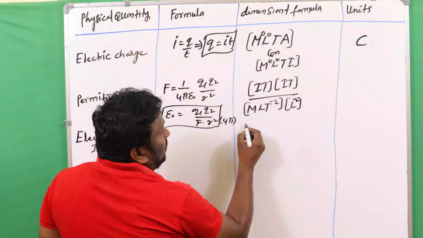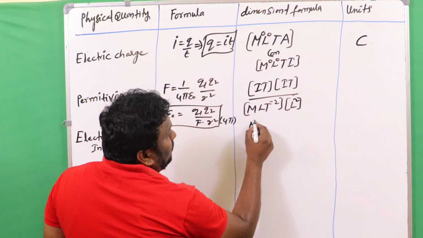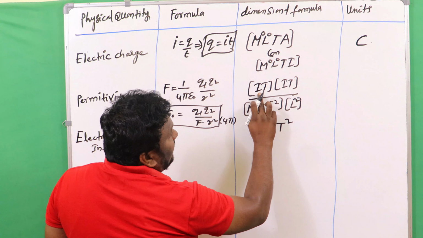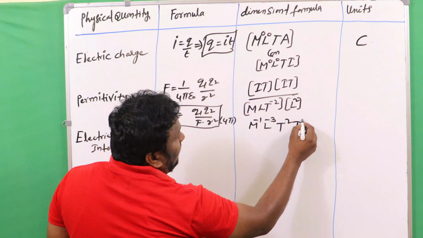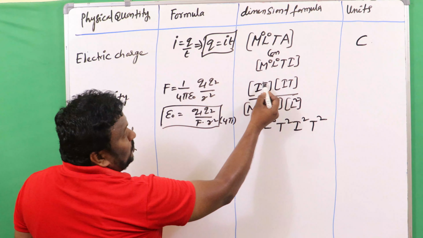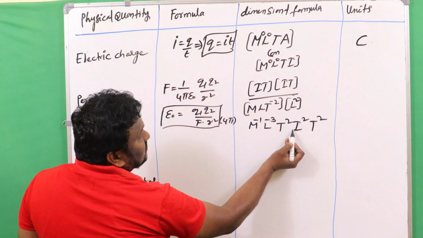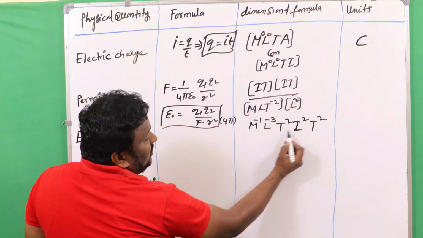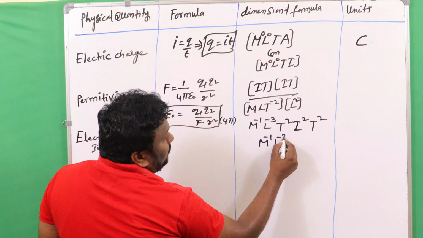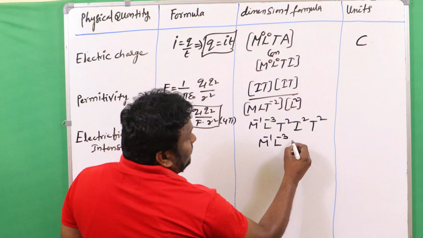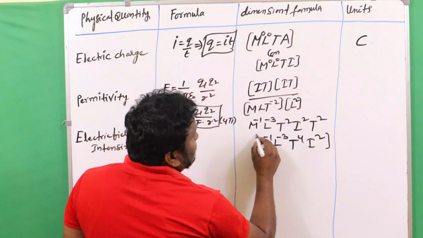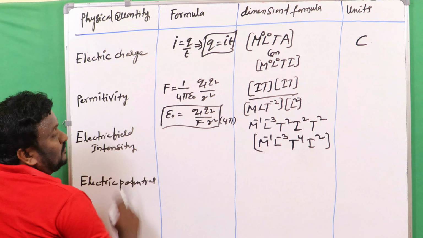Then obviously we can write M to the power of minus 1, L to the power of minus 3, T square, and I square and T to the power of 2. Clear? I to the power of 1 plus 1 is I square, T to the power of 1 plus 1 is T square. T square is already there. So we get M inverse 1, L to the power of minus 3, T to the power of 4 and I square. This is the dimensional formula of permittivity.